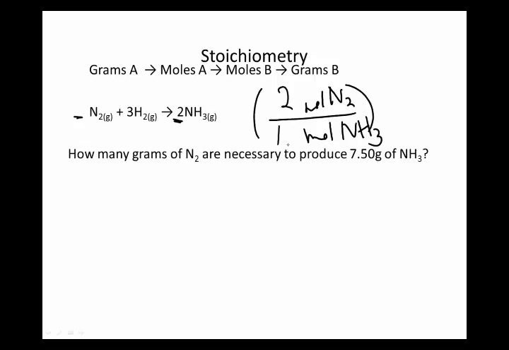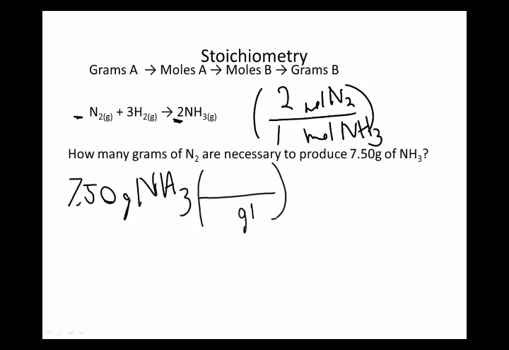Now, the problem is I have 7.50 grams of ammonia. And I can't cancel this because I need to know what? I need to know moles. So first things first, I've got to convert from grams of ammonia to moles of ammonia, right?